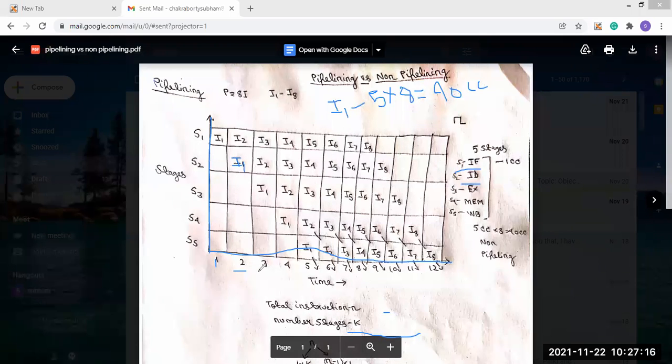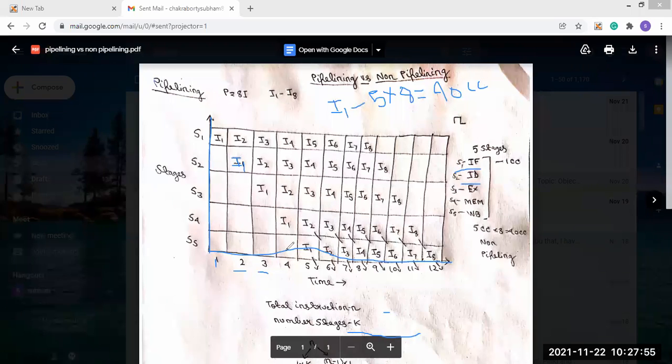After that, in the third clock cycle, instruction 1 goes to the execution stage. Now instruction decode and instruction fetch are idle, so instruction 2 will use the instruction decode stage, and the next instruction I3 will start instruction fetch.